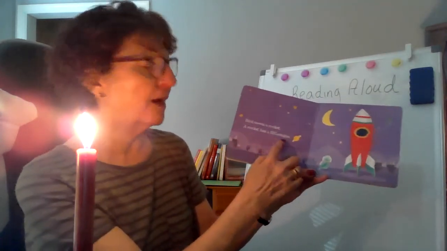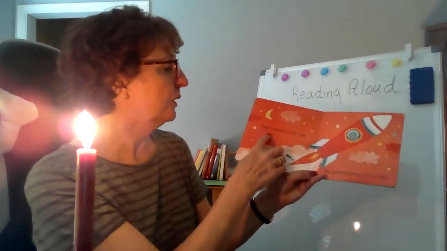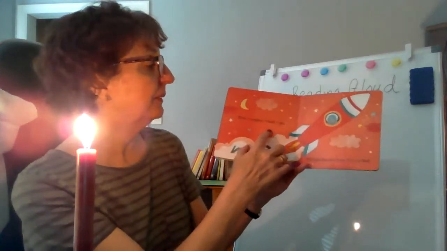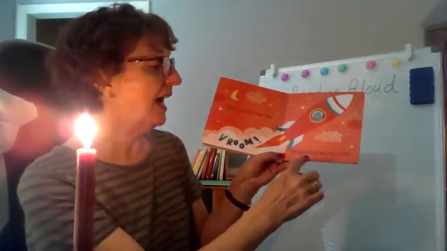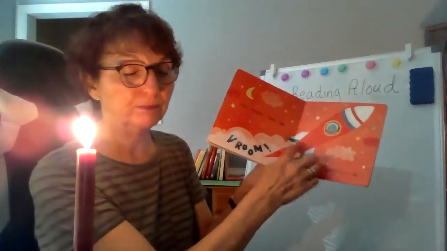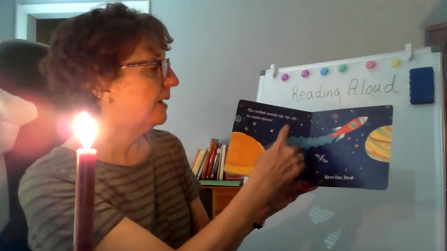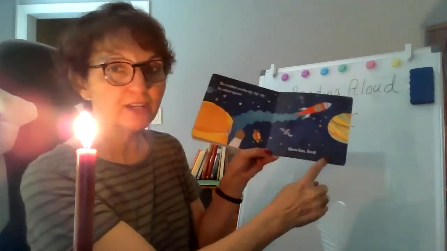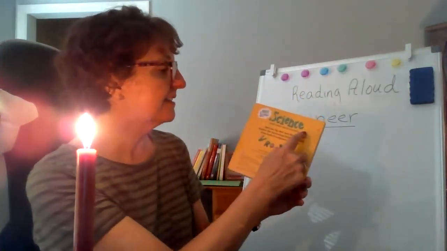A rocket has a big engine. Fuel plus oxygen plus heat equals gas. Hot gas shoots from the rocket. Vroom. The rocket zooms up, up, up to outer space. Have fun, bird. The end.